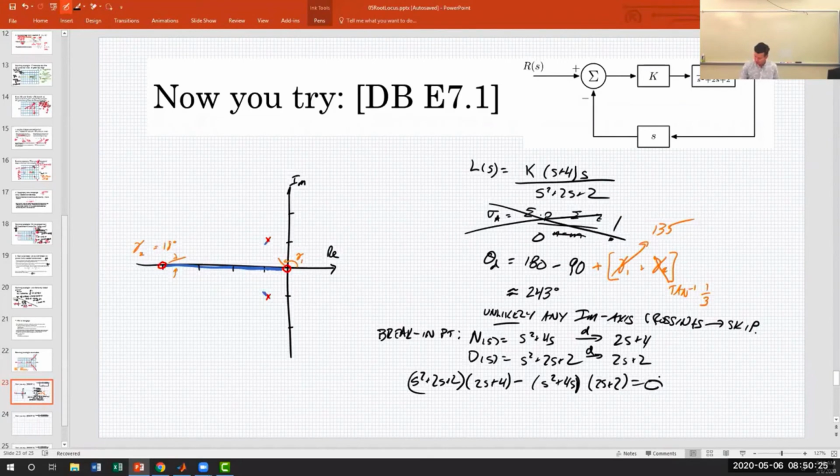This on its face looks like a third order polynomial. I think the s cubed terms will cancel. Yeah, I get 2 s cubed over here, and negative 2 s cubed over there. So technically you could use the quadratic formula for this, because it looks third order, but it's actually second order because the third order components cancel. But go ahead and use your favorite root finding method here. I used the quadratic formula, and I got 1 plus or minus root 20 over 2.